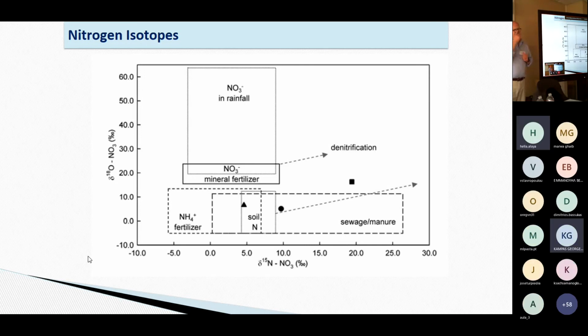I think this is a very, very important process in the Mediterranean, and the following method can help us to identify whether this is an important element to it. You see here the isotopic composition of nitrogen, delta 15N, measured on the nitrate isotope.